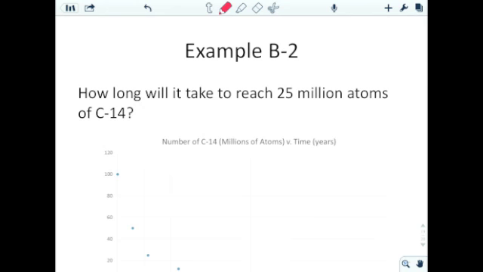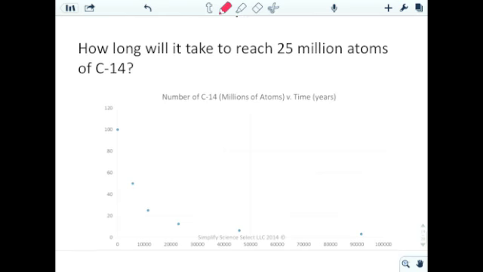Okay. Jumping down into example B2, it says how long will it take to reach 25 million atoms of C14? So if we start at 100 and we go 1 half-life, that's down to 50 million, and then one more half-life, which is 2, will get us to 25 million.